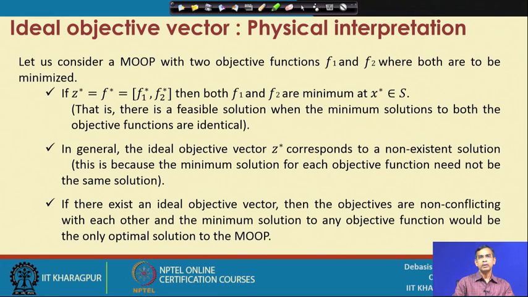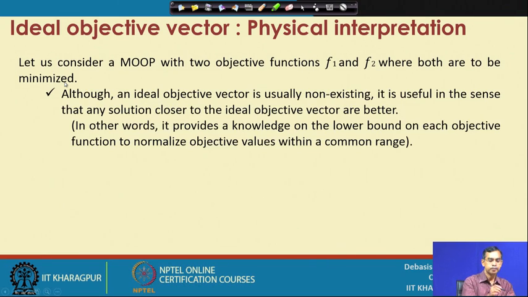Here we can generalize a little more precisely. Suppose there is a multi-objective optimization function with two objectives f1 and f2, where both are to be minimized.